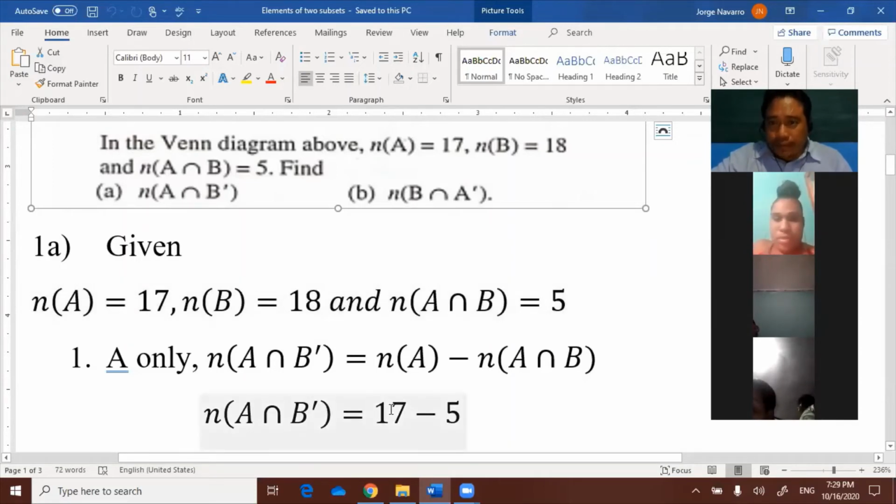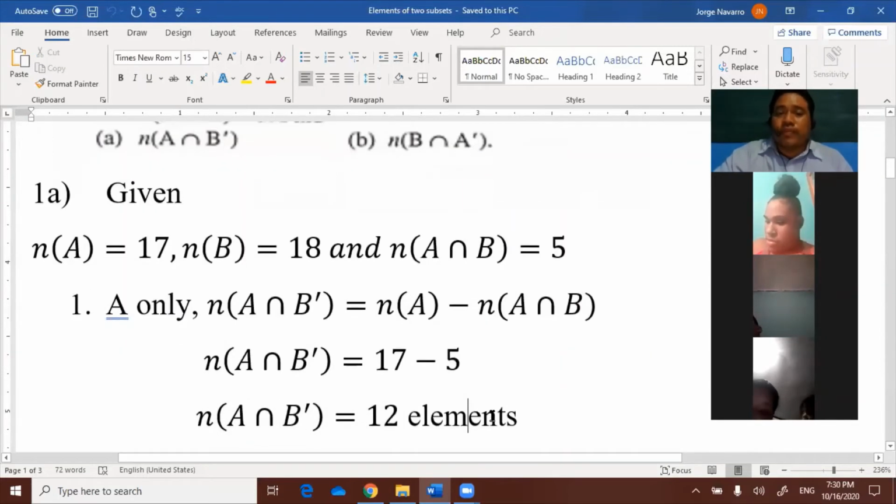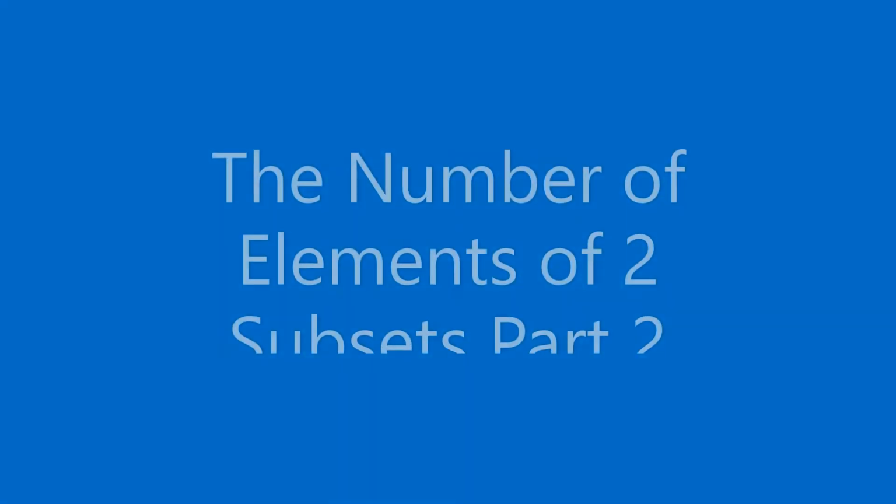So I put 17 minus the number in A intersect B, which is 5. So I put the 5 there. So I say the number of A intersect B complement, or what we call A only, is equal to 17 minus 5. 17 minus 5 is 12. And we're talking about elements.